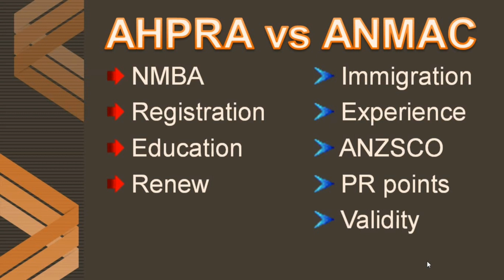This ANMAC assessment has a validity of 2 years. Once you get a letter of determination, you can apply for the next letter of determination after 2 years. If you have an ANMAC assessment older than 2 years, you have to reapply to get a new ANMAC letter of determination. So that is about AHPRA and ANMAC. AHPRA provides you registration, ANMAC guides you through the immigration.